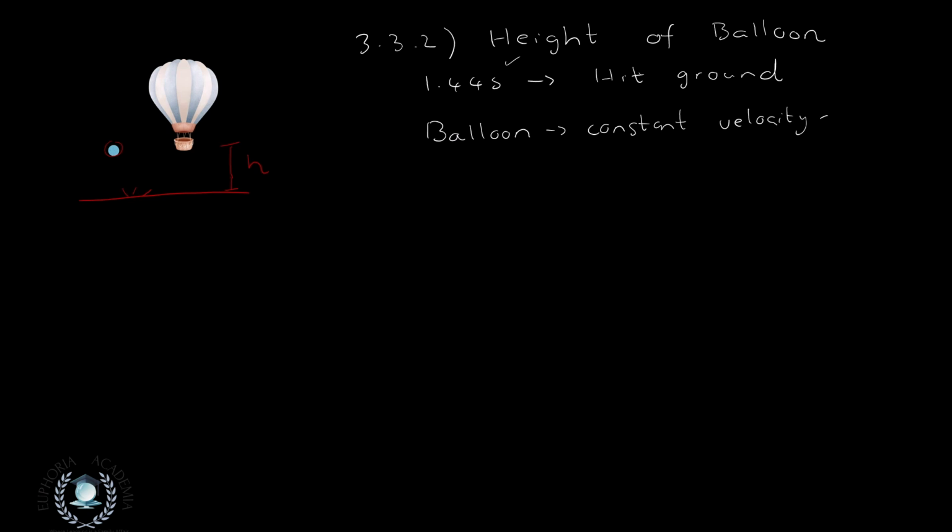This constant velocity of 3.4 meters per second. Now, if the velocity is constant, that means the acceleration has to be 0, right?